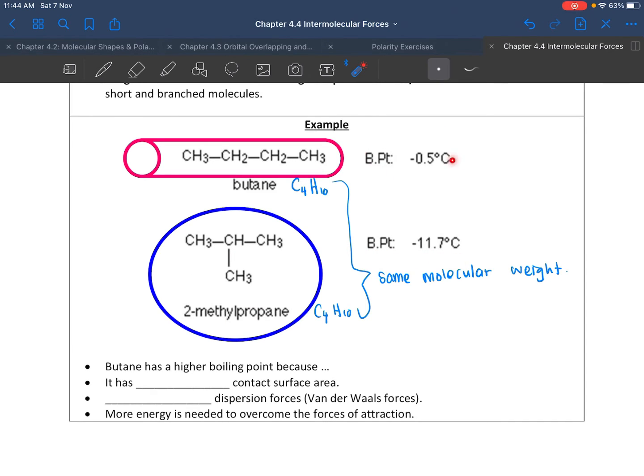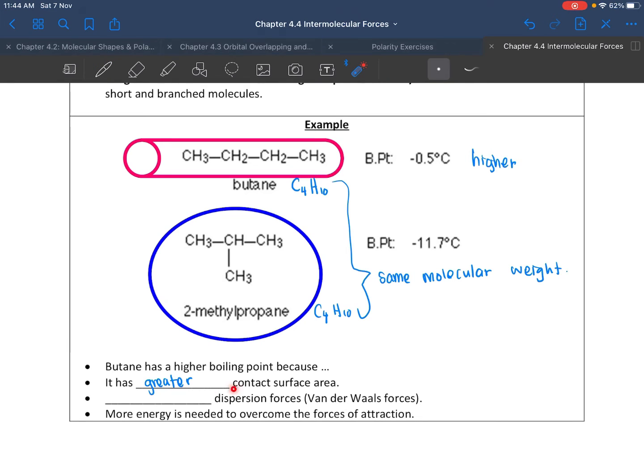So the boiling point of butane is higher than the boiling point of 2-methyl propane. Okay, so why is it higher? We use our explanation from earlier. Butane has a higher boiling point because, since it is long and linear, butane has greater contact surface area.